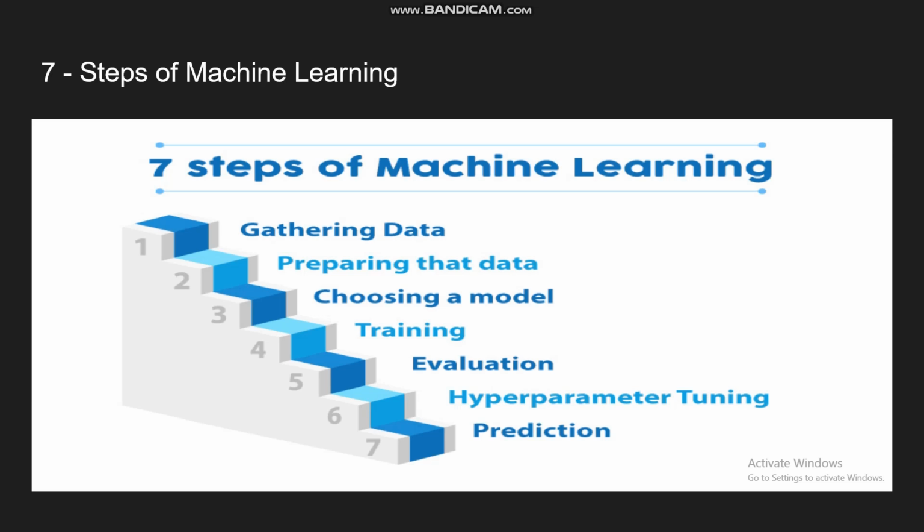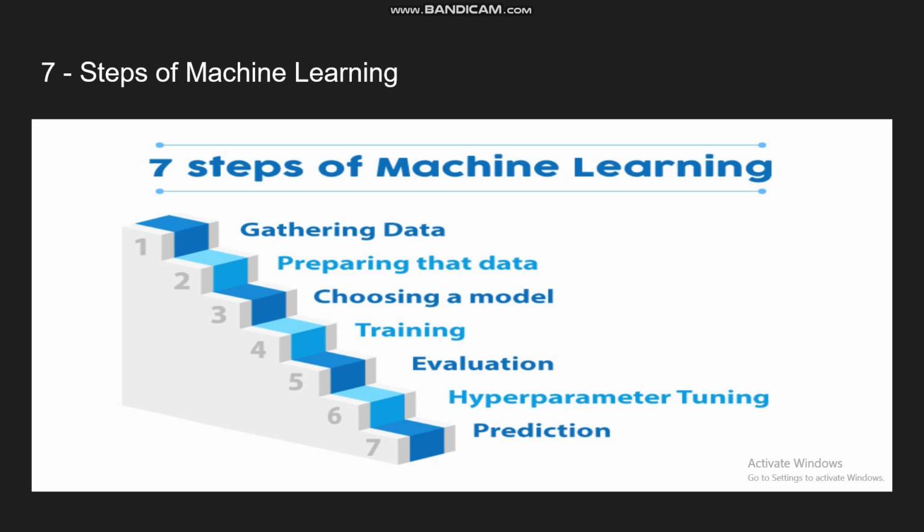The third step is choosing a model. Suppose you are downloading a data set or taking part in a competition; you have to analyze the data set. It is either a regression data set or a classification data set. If the task is a classification between a cat and a dog, that is a classification data set, and you will use a classification algorithm. For house price prediction, which is a continuous value, we will perform linear regression.